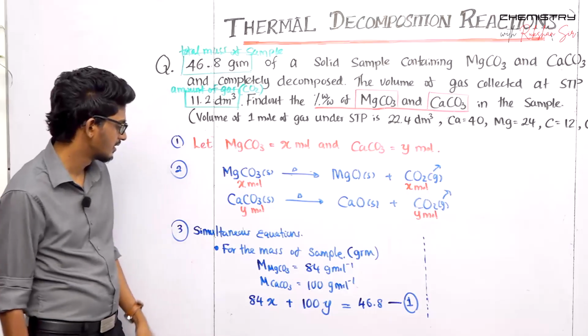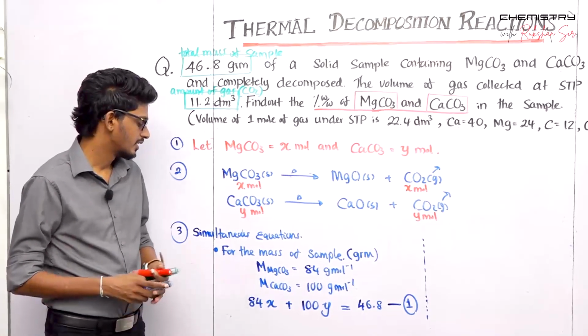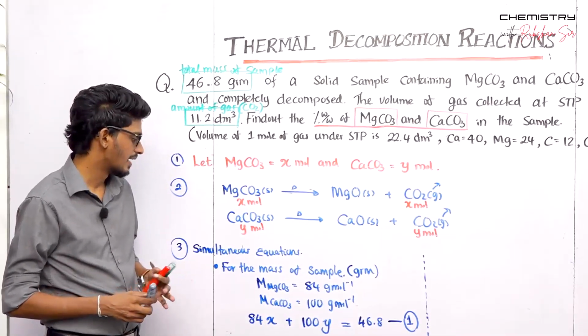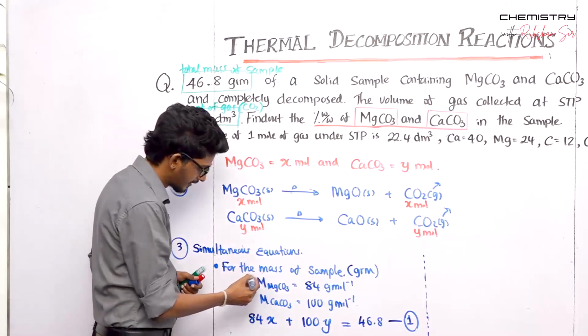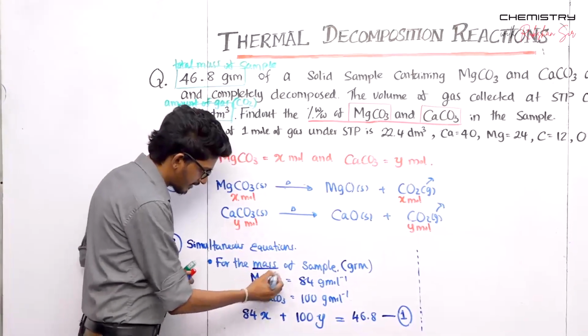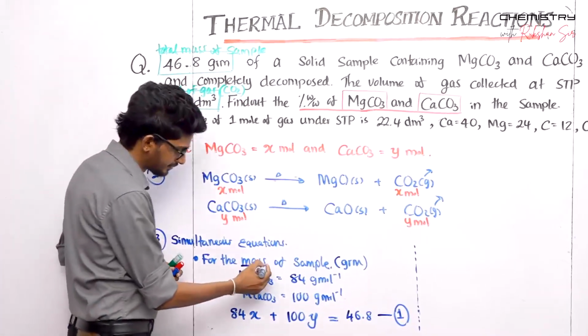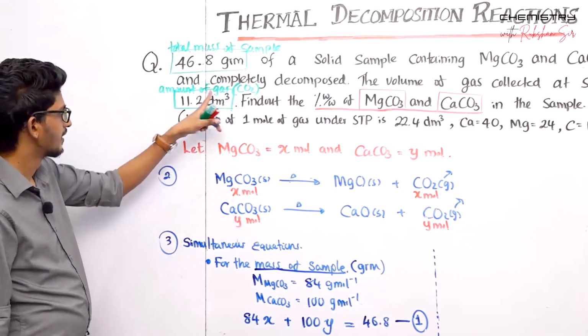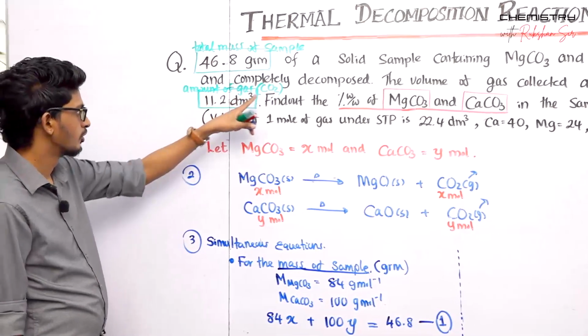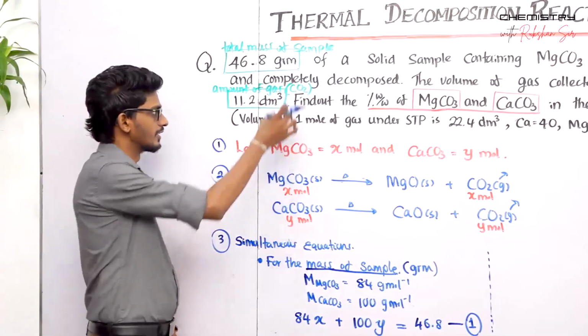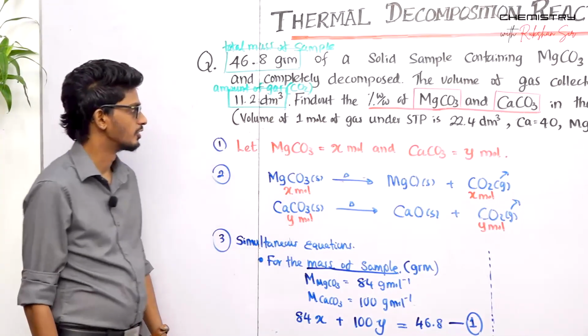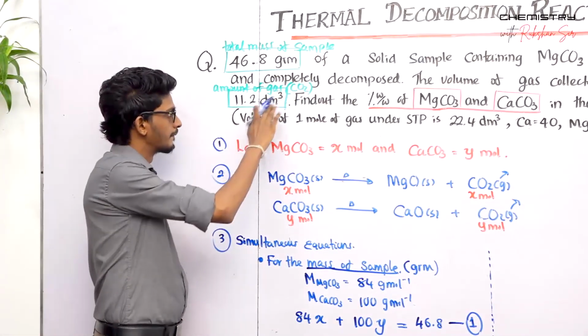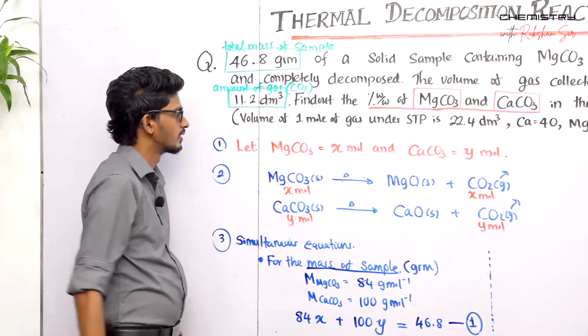I earlier said the simultaneous equations can be built up only for masses or for moles. The first is for the mass of the sample. Now we can think of the mass or moles of CO2, since this second data point is regarding CO2.